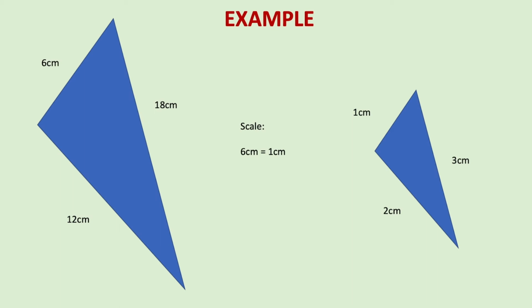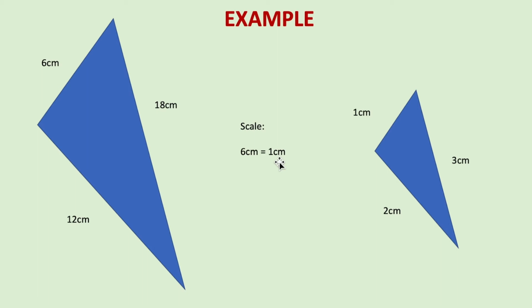Here's an example of a scale drawing. Let's say you have this triangle with an 18 centimeter side, 6 centimeter side, and 12 centimeter side, and you want to make a smaller version of that same triangle. So what you would do is pick a scale factor. In this situation, I picked that 6 centimeters would be represented by 1 centimeter.